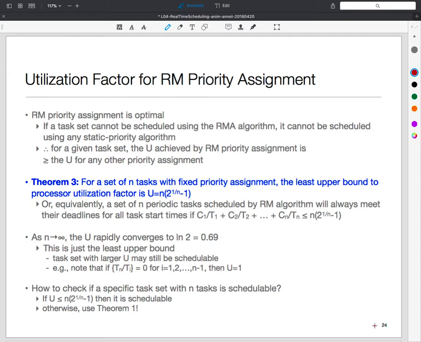So basically, for our purposes, what it boils down to is that if u is less than or equal to this, then we know it's schedulable. If it is not, I have to do something extra. And we'll see there is one more test, which is a better test. But in the worst case, you will have to do the critical instant check, which means simulating the running of the system.